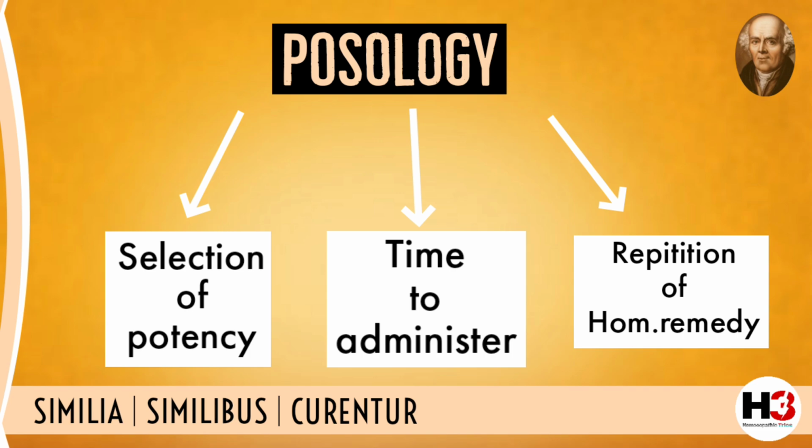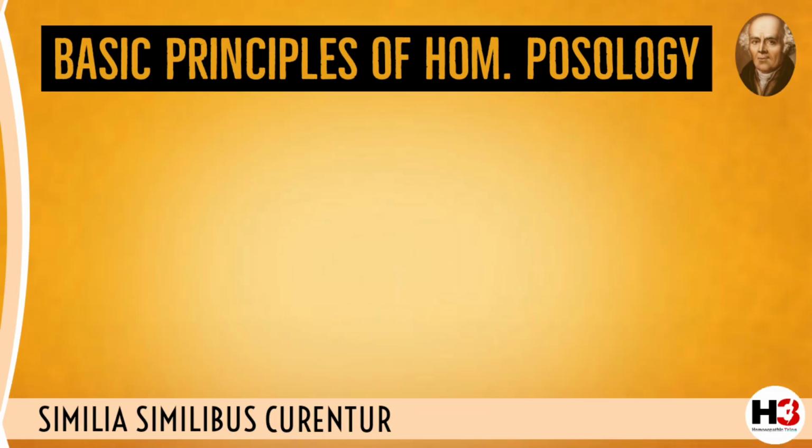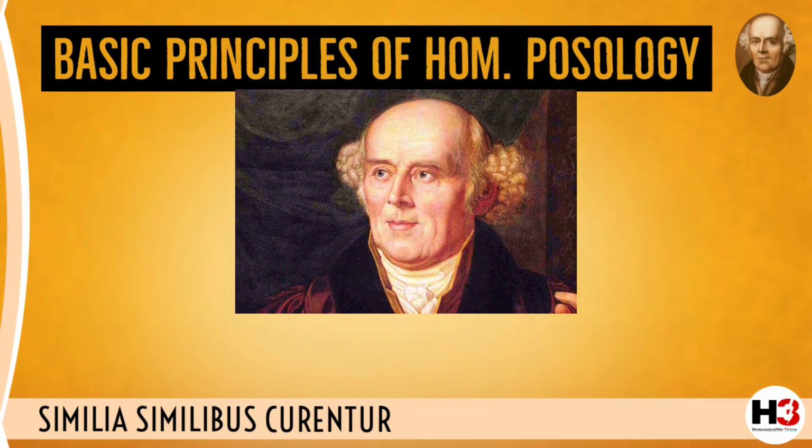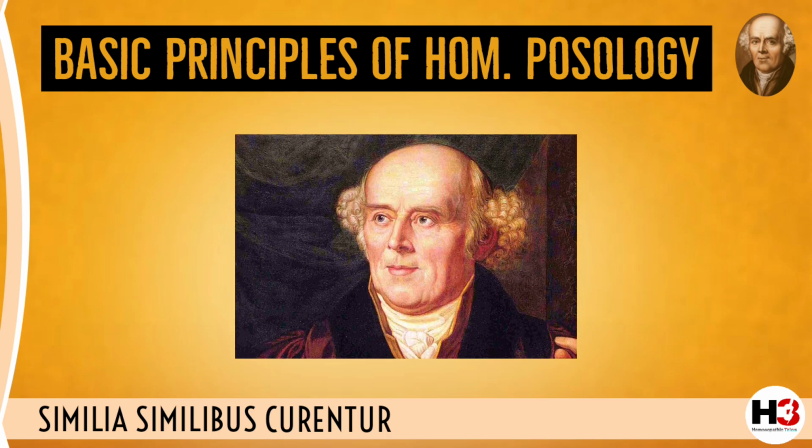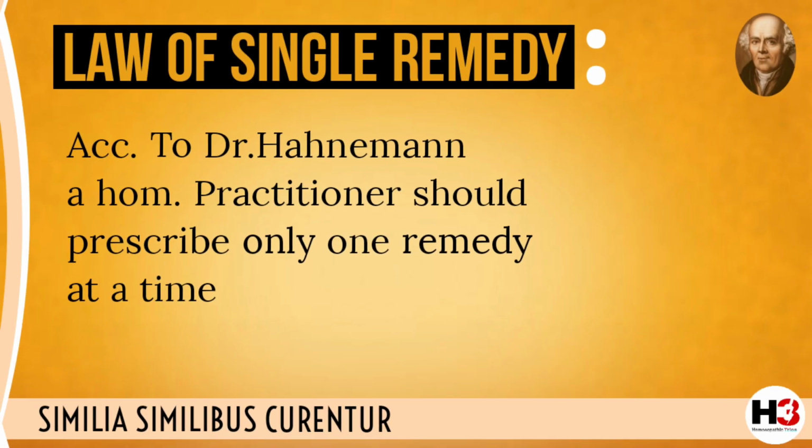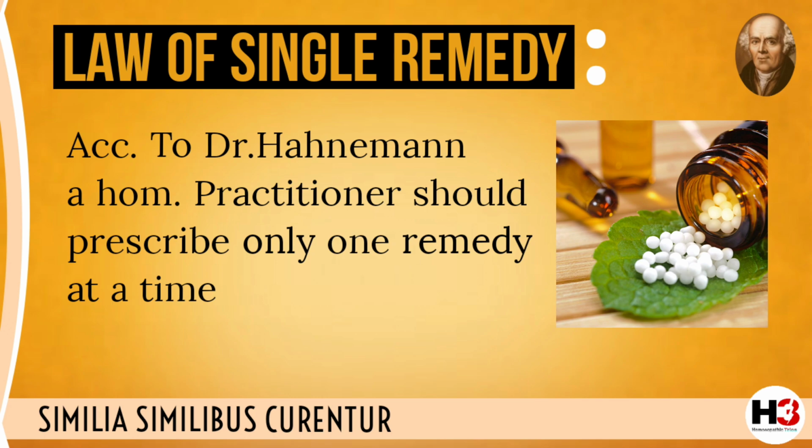Now before diving into the three aspects, first let's understand the basic principles of homeopathic posology laid down by Dr. Samuel Hahnemann. So the first law is the law of single remedy. According to Dr. Hahnemann, in each and every case, a homeopathic practitioner should prescribe only a single remedy at a time, and then after determining the response to it, we should think of either administering the same remedy again or changing the remedy.